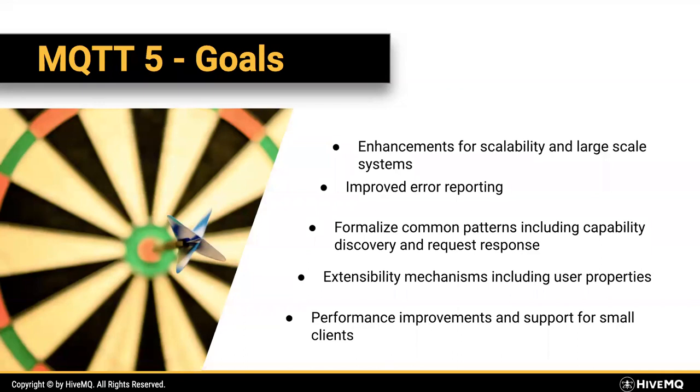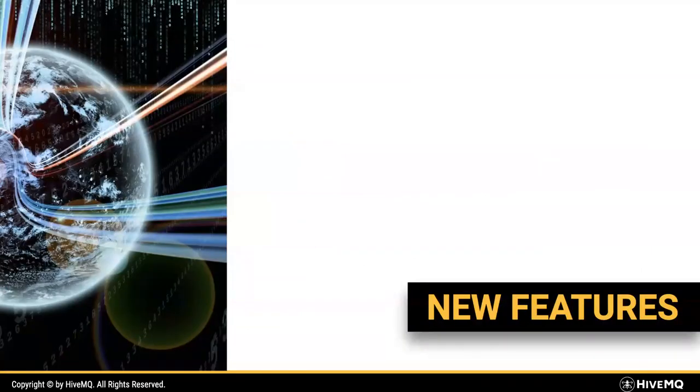And one of the things which was really discussed heavily was extensibility mechanisms. I will also show you how you can use this in your projects, and this is really cool, and we see a lot of traction and adoption of these new mechanisms. And of course, performance improvements and support for small clients. So MQTT5 really makes sure that constrained devices still don't require a lot of memory and computing power to use all the new features.